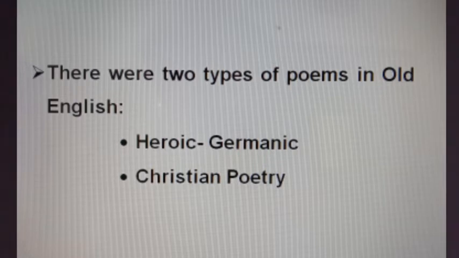There were two types of poems in Old English: heroic Germanic poetry and Christian poetry.